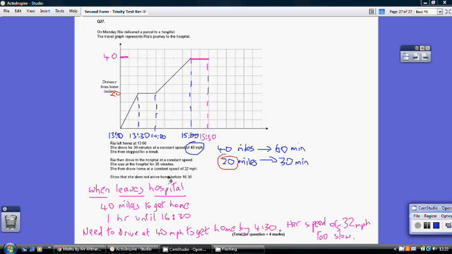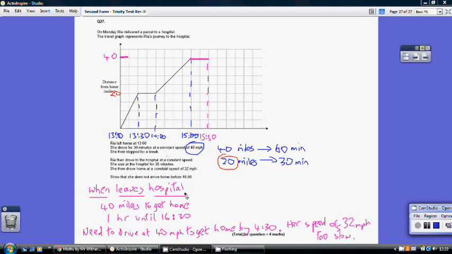Show that she does not arrive home before 4:30. We've worked out that she is 40 miles from home when she's at hospital, and that she leaves hospital at 15:30. If she was going to get home by 16:30, she'd have to travel 40 miles in 1 hour.